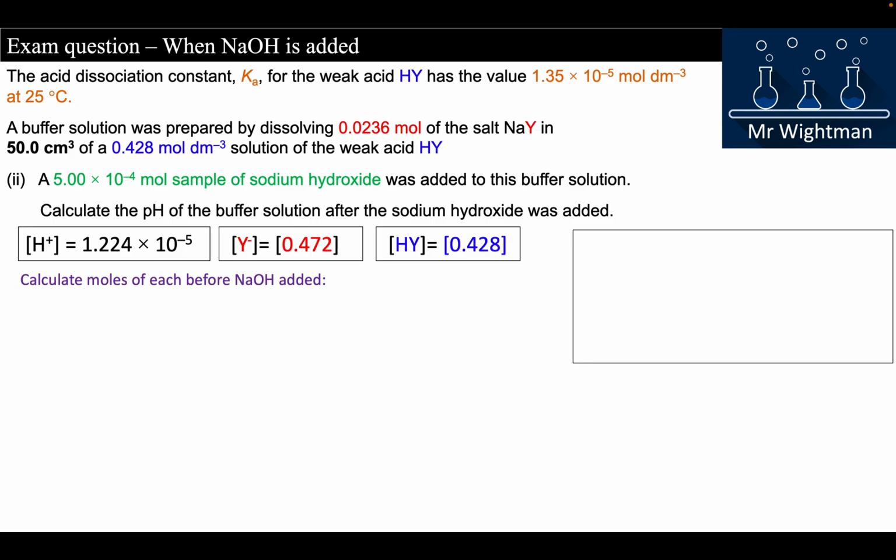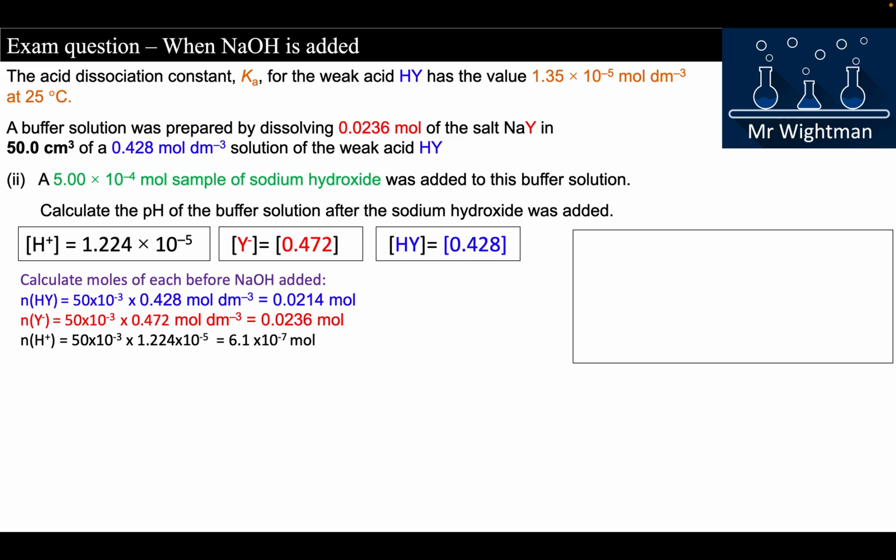We need to calculate the moles of each of these before the NaOH was added. So moles of my weak acid HY would be the volume times the concentration. And my moles of Y minus would be 50 times 10 to the minus 3 times 0.472, which is 0.0236, and my H plus would be 6.1 times 10 to the minus 7.